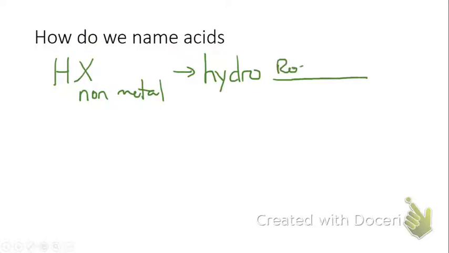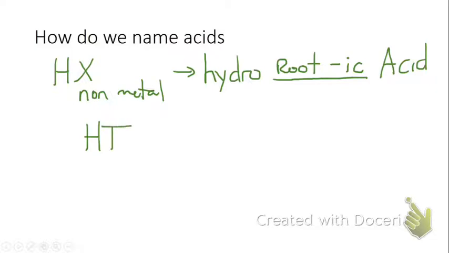So again, we're talking about roots. But then we add an ic. Instead of an ide, we're adding an ic. And then we add acid to it. So it's hydro something acid.